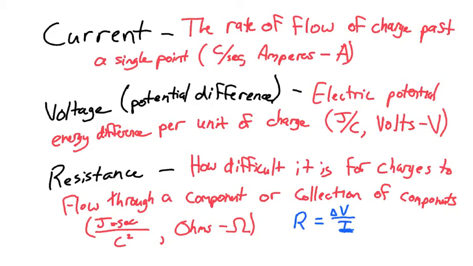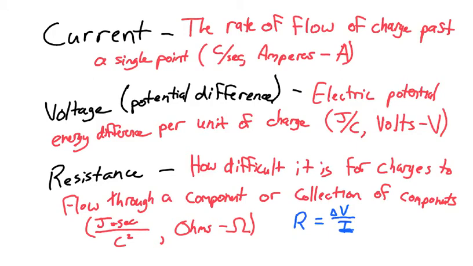And so we define voltage or potential difference as the electric potential energy difference per unit of charge. So if we had a coulomb worth of electrons going across this battery, the difference in potential energy would be, if it were a 1.5 volt battery, 1.5 joules of potential energy change for that 1 coulomb worth of charges.